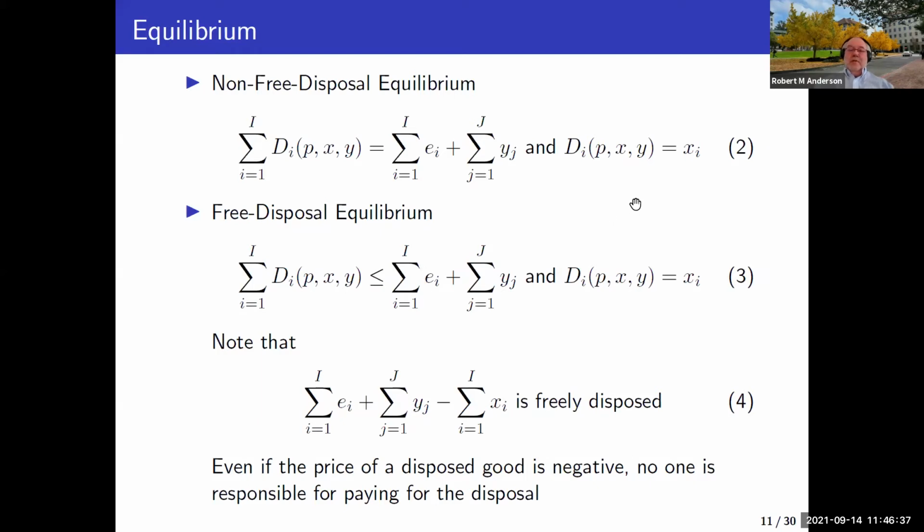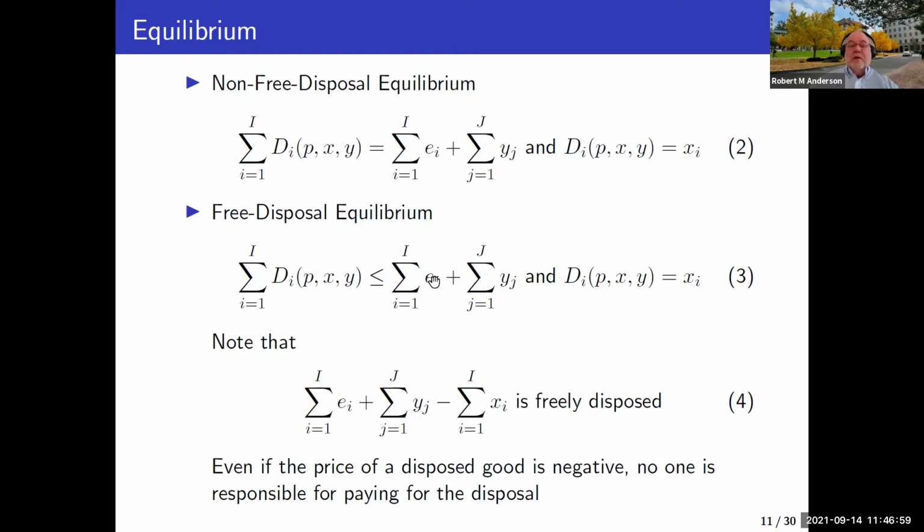On the other hand, free disposal equilibrium is exactly the same, except it replaces this equality with a less than or equal sign. So it says that demand is less than or equal to the supply. There's some stuff left over, and that stuff that's left over is freely disposed.